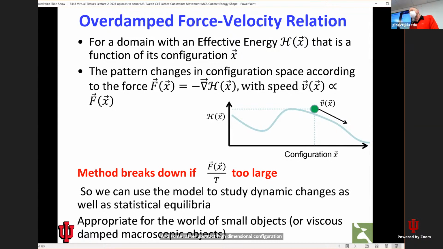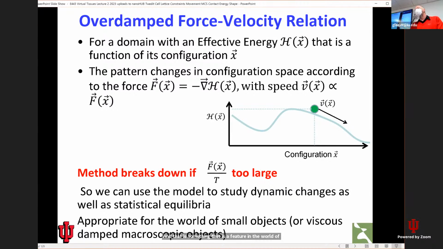And the velocity with which an object moves in this space is proportional to the force. That is a feature in the world of cells, but would be a bug in the macroscopic world.